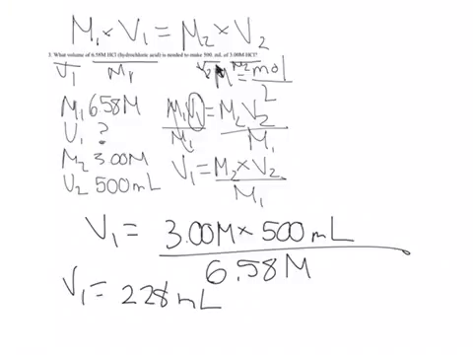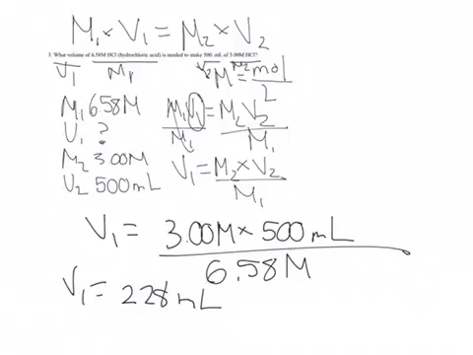But we will need to increase the volume up to 500. And here is the key point of dilution. If we only need 228 milliliters of the stock solution, but our final solution is going to be 500 milliliters, that tells us how much water we need to add to make our dilution.